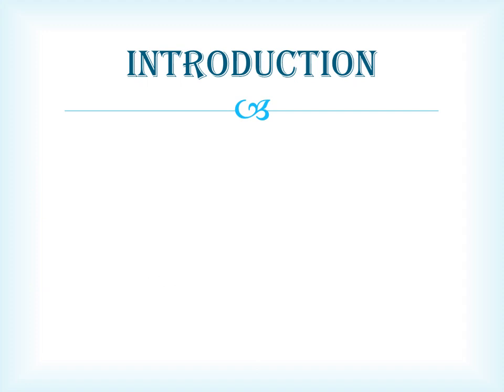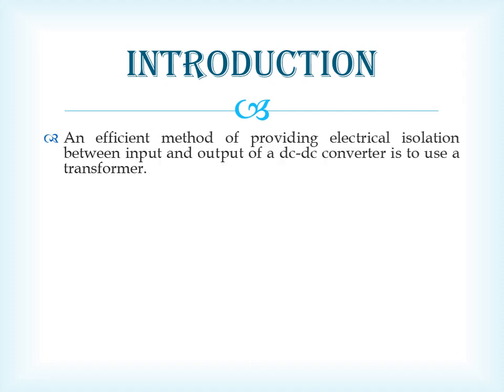Starting with the introduction of the circuit, what we have already studied in Unit 3 are non-isolated DC to DC converters. All the converters which we have already studied in the previous unit, Unit 3, are non-isolated converters. Why are they known as non-isolated converters?